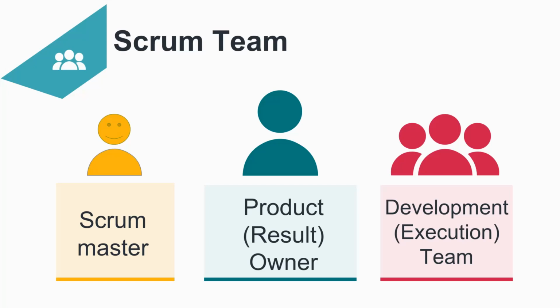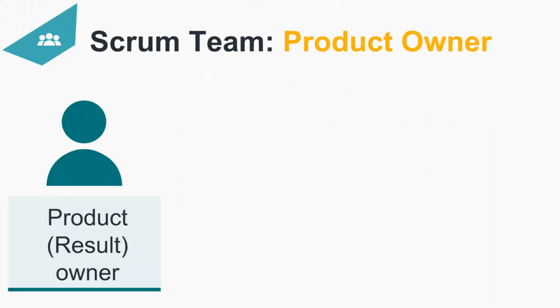Development team. It is called development team because originally Scrum was born in the software development industry, but in fact, it's an execution team. Pay attention that Scrum team and the development team are two different terms. And if you take a Scrum Master exam, there will be tricky questions to see if you know the difference.